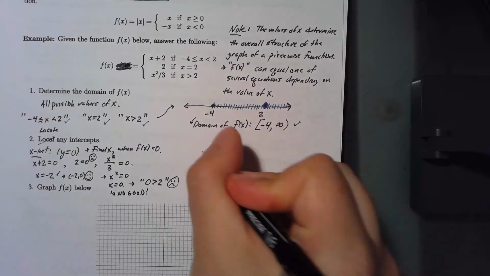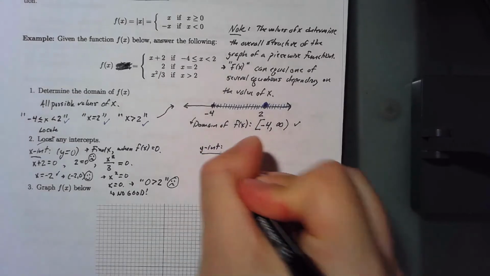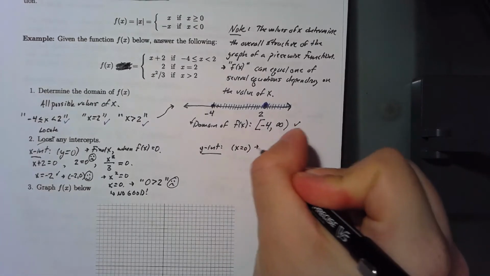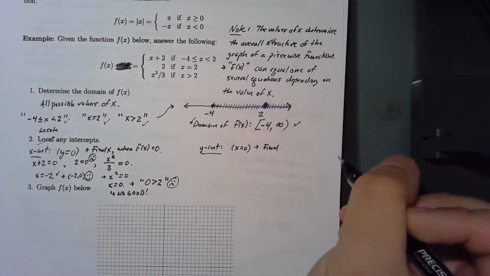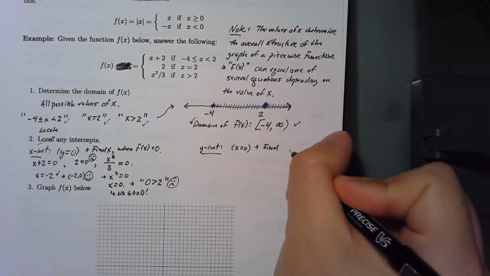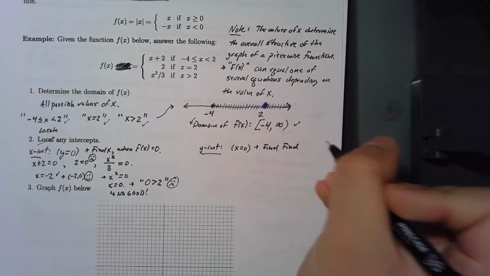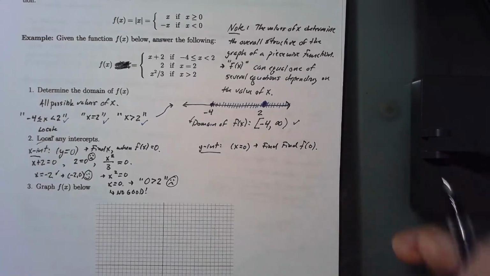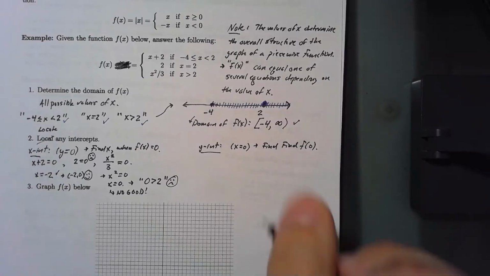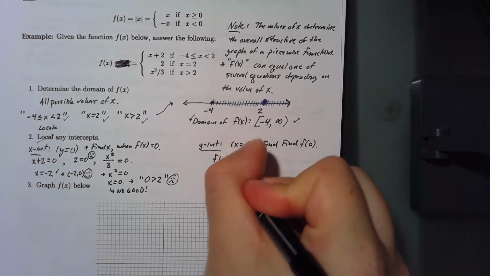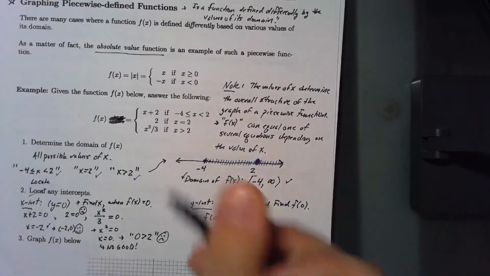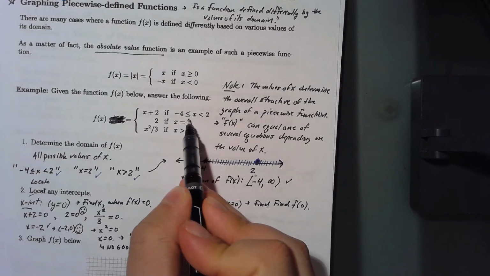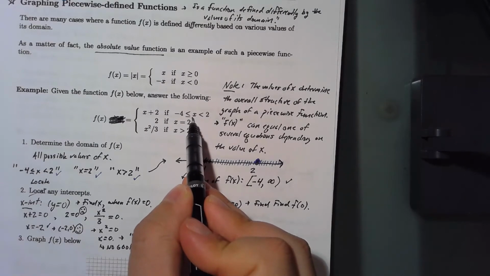Now when it comes to finding the y-intercept, that's when x equals 0. So you want to find the value of f at 0. You just plug 0 into your function. So f at 0 equals what? When x equals 0, which one do I go to? 0 is in the interval from negative 4 to 2.